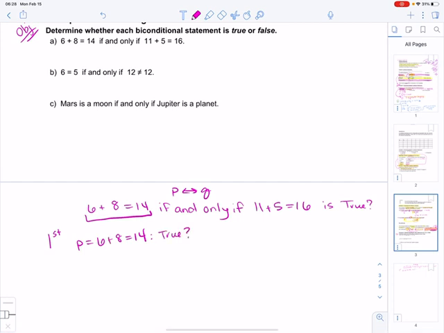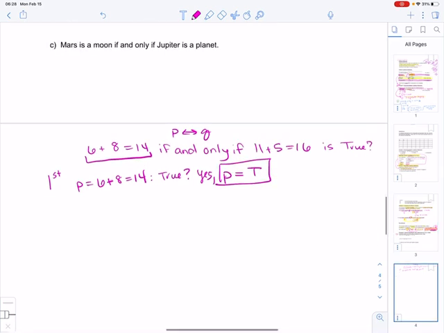And 6 plus 8 is 14, so yes, we can say P is equal to true, or T. So I'm going to box that out. Next, we're going to do the same thing with Q. We know that if this is P right here, then this is Q. So Q equals 11 plus 5 is equal to 16. We ask ourselves, is this true? And we're going to say yes. Q is equal to true because 11 plus 5 does equal 16.